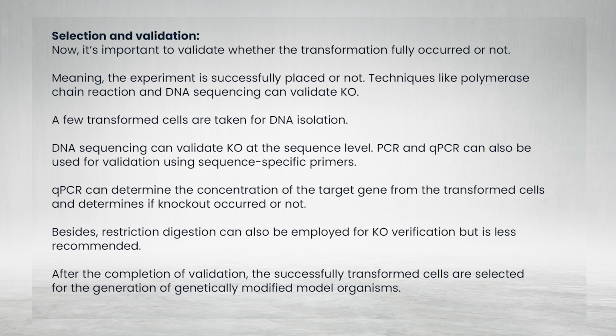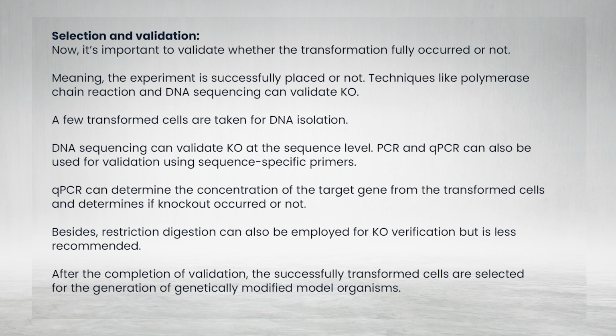Techniques like polymerase chain reaction and DNA sequencing can validate the process of knockout technology. A few transformed cells are taken for DNA isolation. DNA sequencing can validate KO at the sequence level. PCR and qPCR can also be used for validation using sequence specific primers. qPCR helps to determine the concentration of the target gene from the transformed cells, and it also determines if knockout has occurred or not.